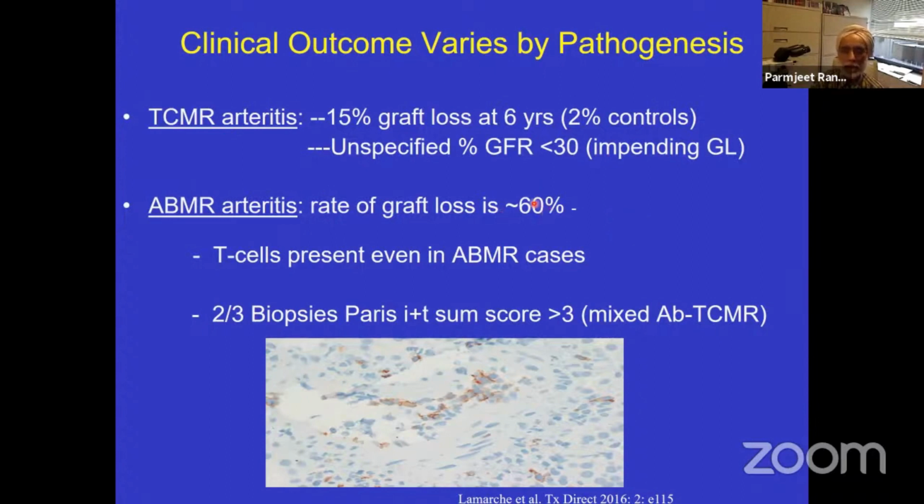But we must remember, even in this ABMR arteritis, if we do immunohistochemistry, there are T cells present, not only in the artery, but also in the interstitium. So a lot of biopsies simply called ABMR are actually mixed, and calling them ABMR runs the risk of their not getting T cell therapy.